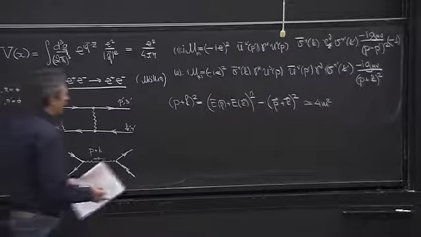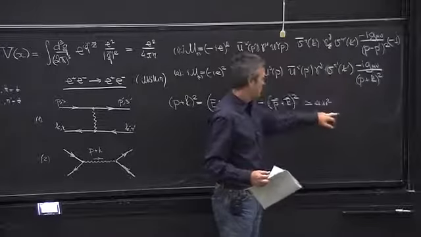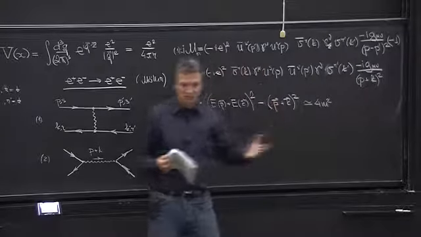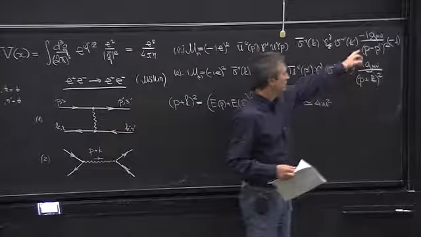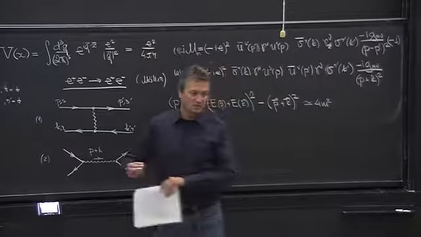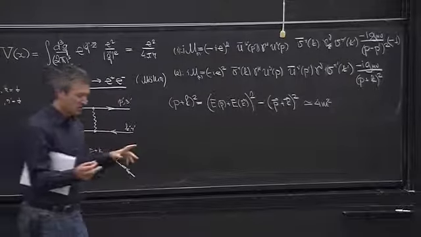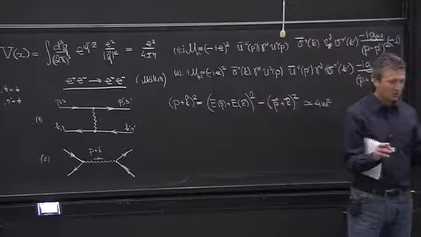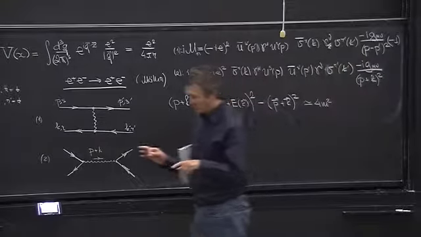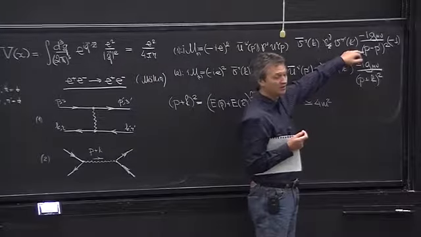So anyway, you see that this diagram has a huge denominator. It's the rest mass of electrons squared, compared to the denominator here, which is the difference between their velocities squared. We can consider arbitrarily slow electrons, and so in that case there will be a very, very small denominator here.